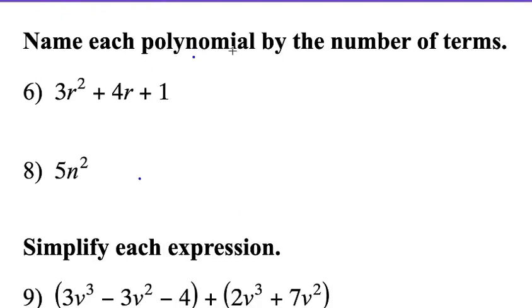Now let's name some polynomials by the number of terms. So this time we'll be counting how many terms there are. So number 6, we have 1, 2, 3 terms. So we call this polynomial a trinomial. Tri means 3, like a tricycle has 3 wheels.